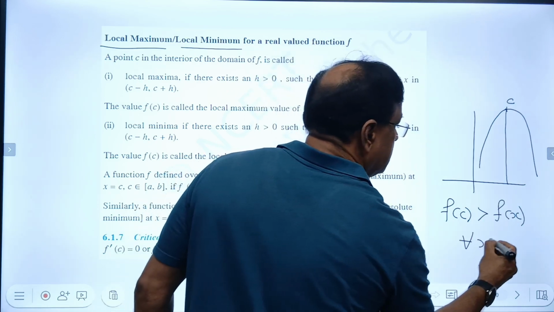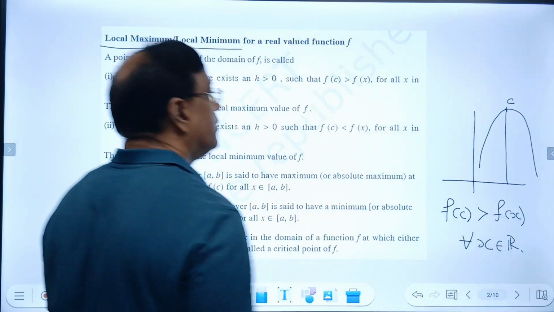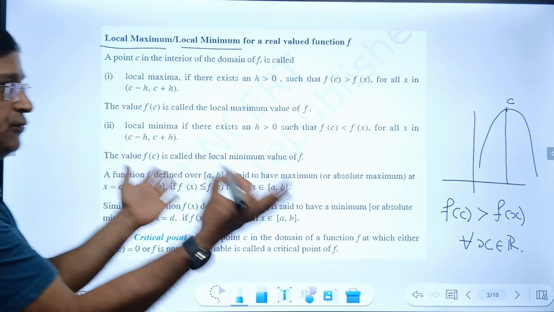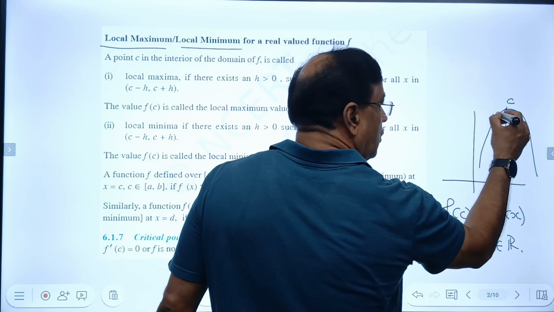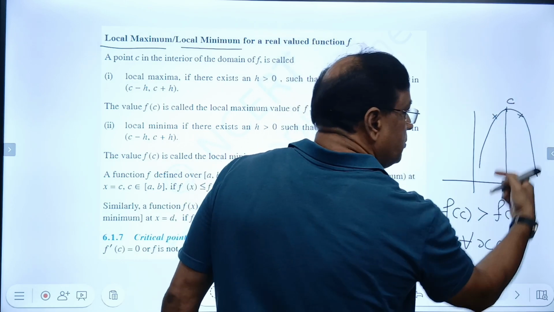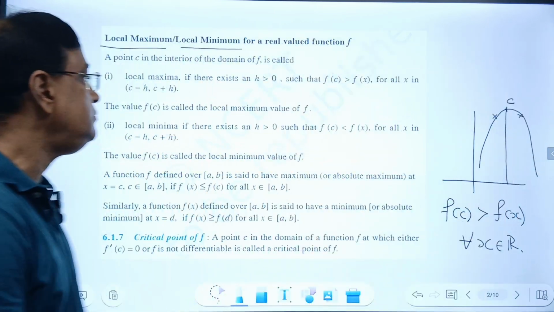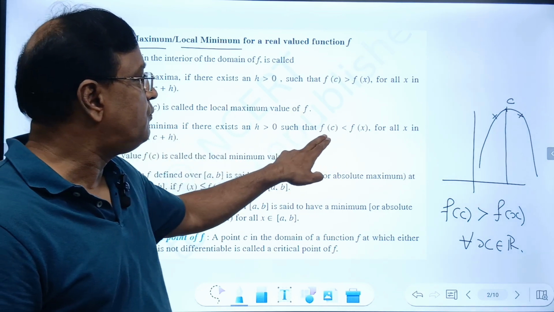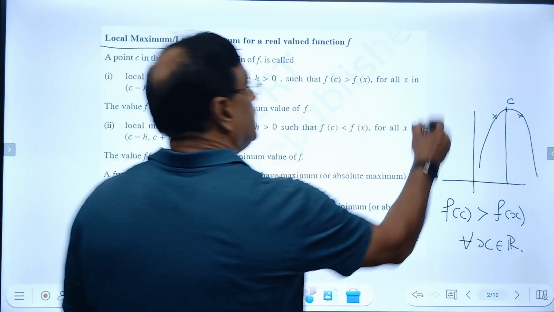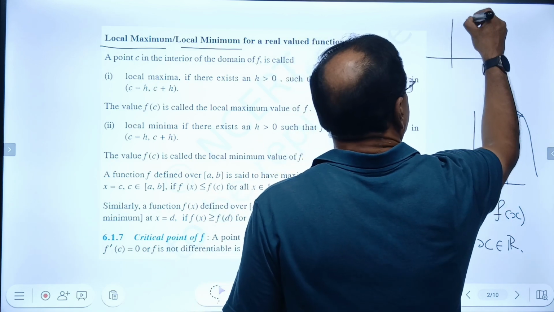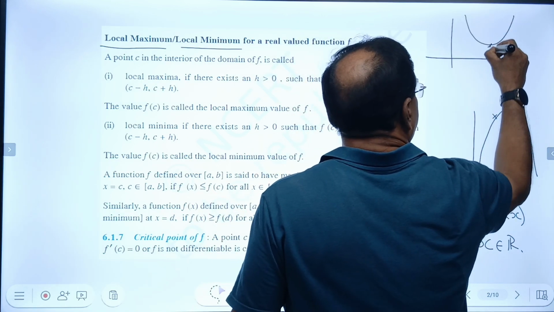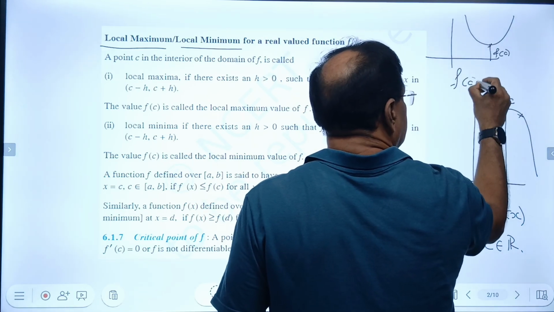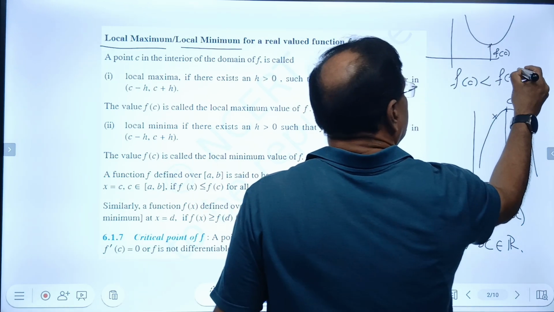In the neighborhood of C, on either side, the values will be lesser than f of C. Similarly, it's the case for minima also, where f of C will be less than f of x. If you look at the minima curve, this is your f of C. You can see f of C will be the smallest compared to all other x values.